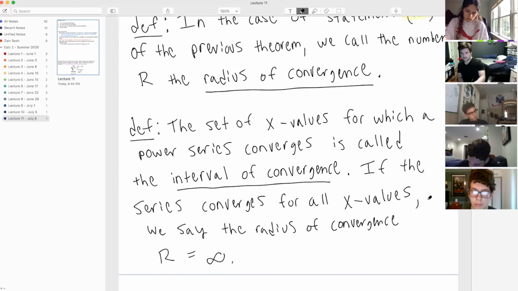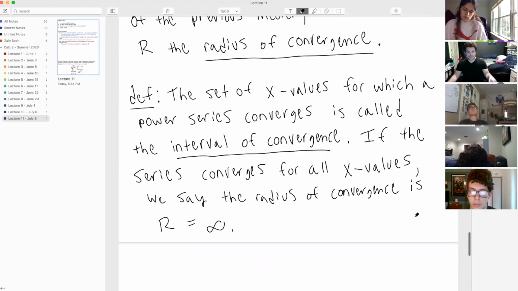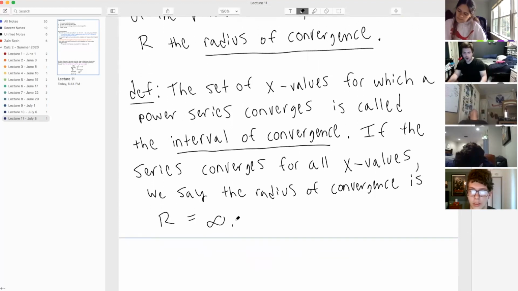So we're not really saying that R is equal to infinity, because really a number can't equal infinity. This is more of just a convention. So this equal sign is not in the mathematical sense. It's just a language thing.